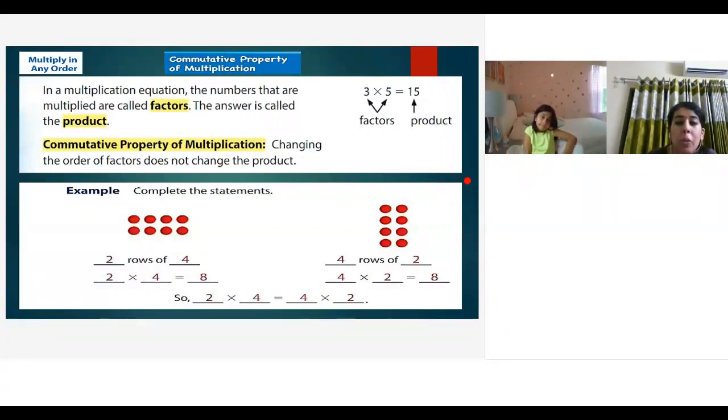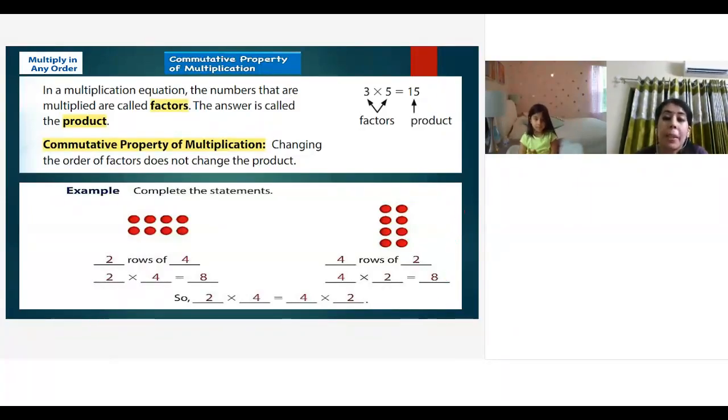Read it 2 times more with me. Commutative. Commutative. Yes, good, very good. A clap for you. So that is the commutative property of multiplication.